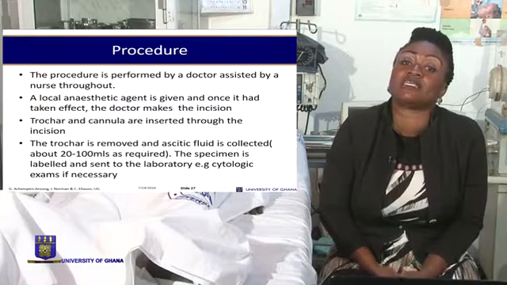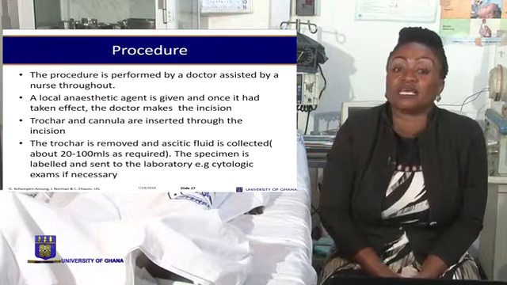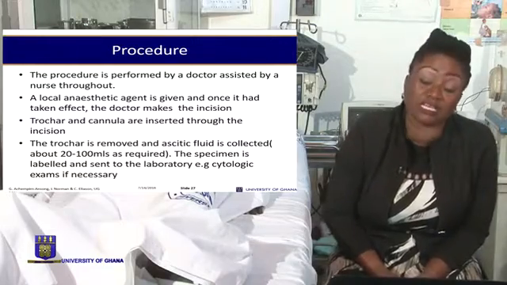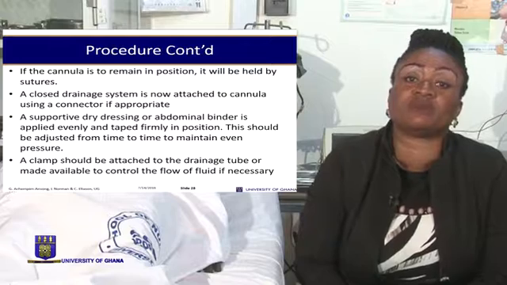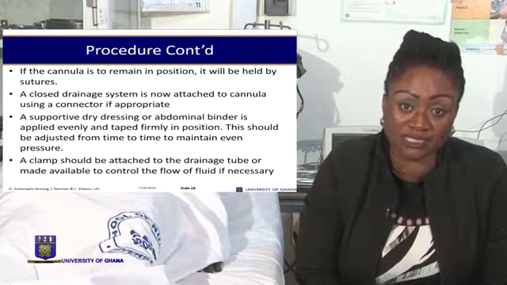The trocar and cannula is then inserted through the incision. The trocar is removed, leaving the cannula connected with a tubing, which is in turn connected to a drainage bag. If the cannula is to remain in position, it's normally held in place by sutures.